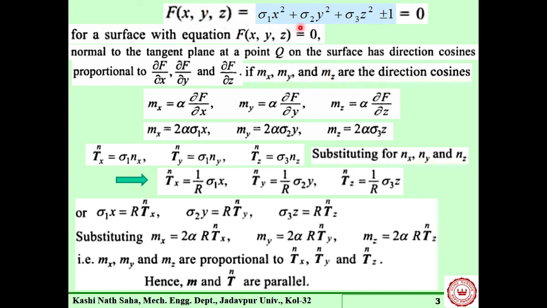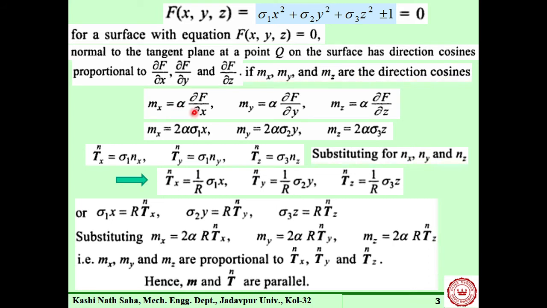Del f del y is twice y sigma 2, del f del z is twice z sigma 3. In every case, the proportionality constant will be the same. Twice alpha sigma 1, twice alpha sigma 2, twice alpha sigma 3. The proportionality constant will be alpha. Del f del x and mx are proportional, and that proportionality constant is alpha.